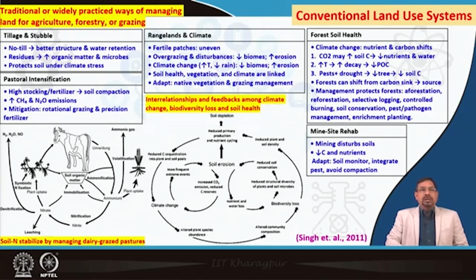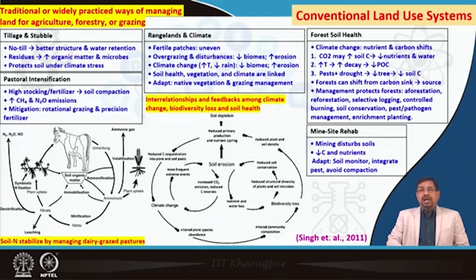If we manage tillage and stubble, then we can protect the soil under various climate stress scenarios. If we manage pastoral intensification, it will lead to mitigation through rotational grazing and precision fertilizer. In terms of rangeland and climate, adaptation is by selecting native vegetation and grazing management.